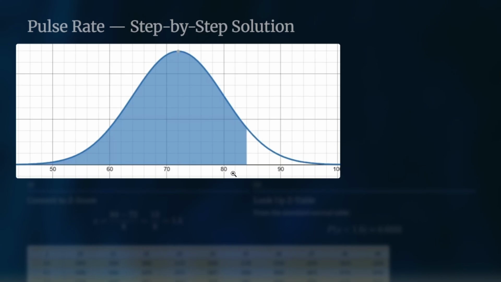One standard deviation above the mean will be 80, and then 84 will be 1.5 standard deviations above the mean. We want the area to the left of 84 on a normal curve.